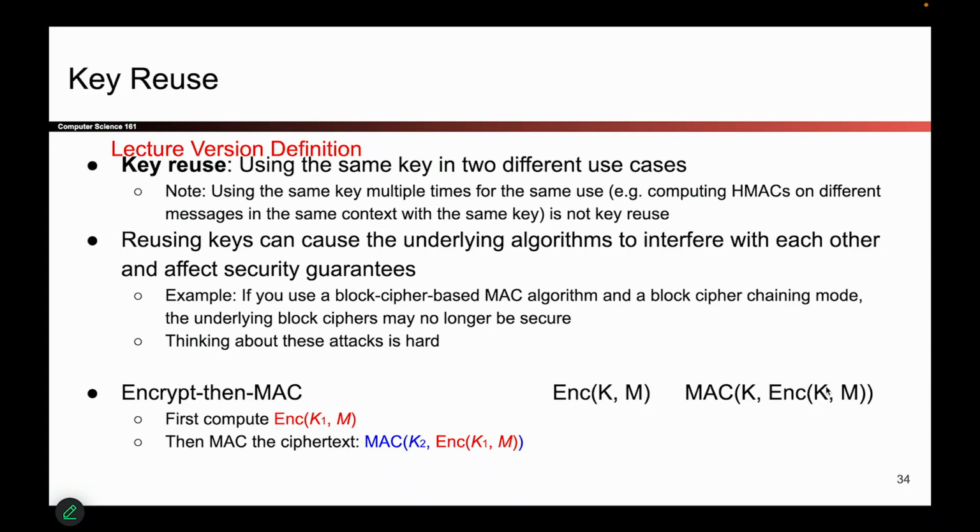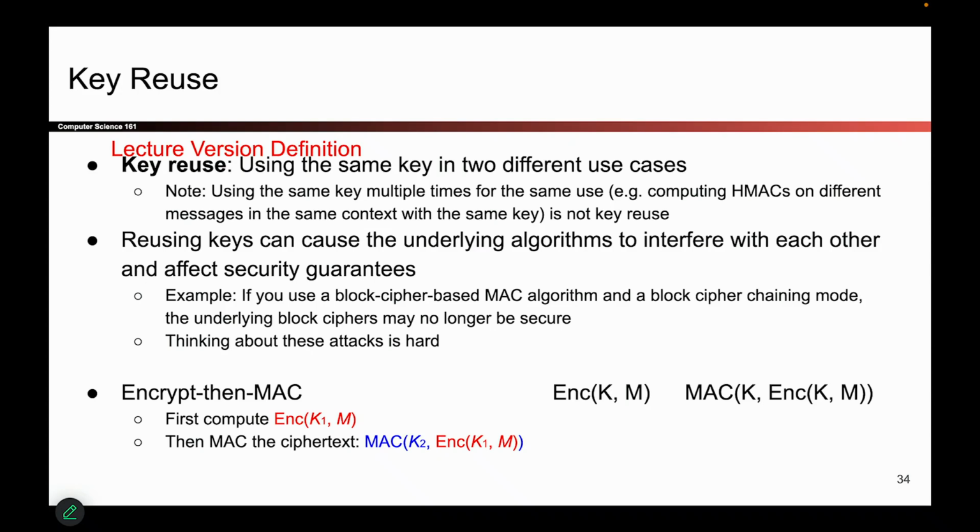Maybe somehow, because you're using this K and this M, you pass the message forward through a block cipher, but then because you use this MAC with the same key, maybe somehow the MAC is passing the message backwards through a block cipher, and suddenly you get the original plain text back. So there's all these really subtle attacks where the fact that these two keys are the same can cause things like block ciphers to interfere with each other, and that might affect the security of your overall scheme.